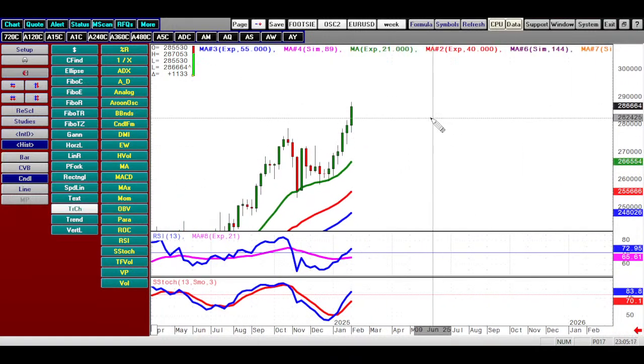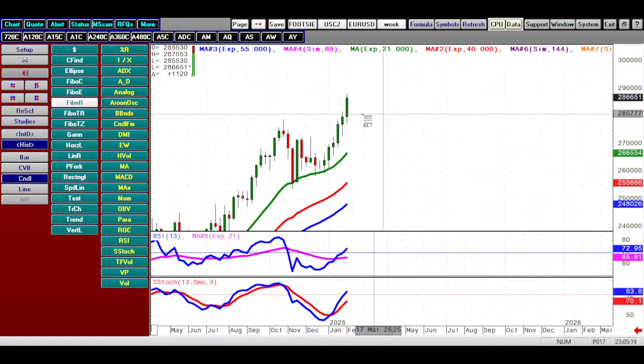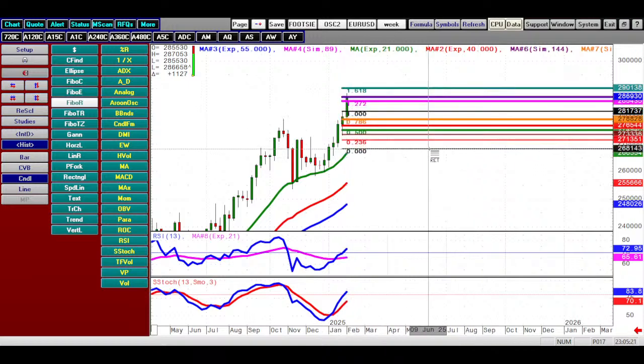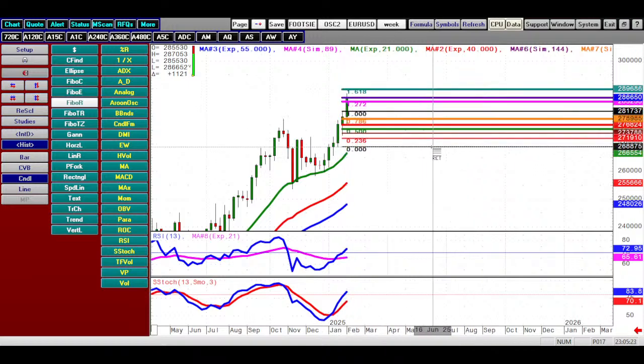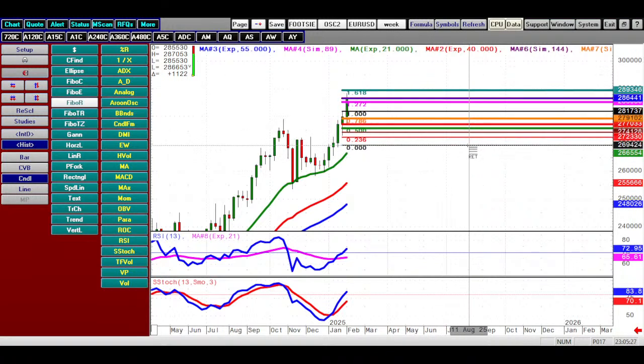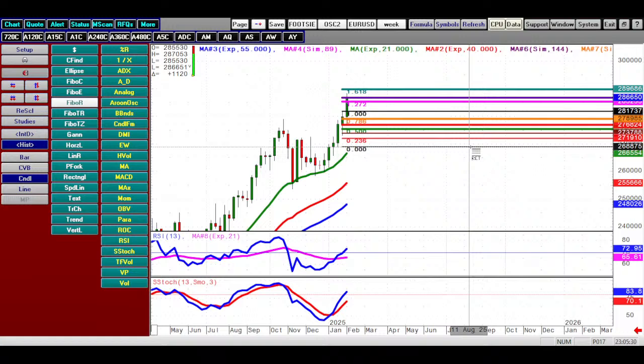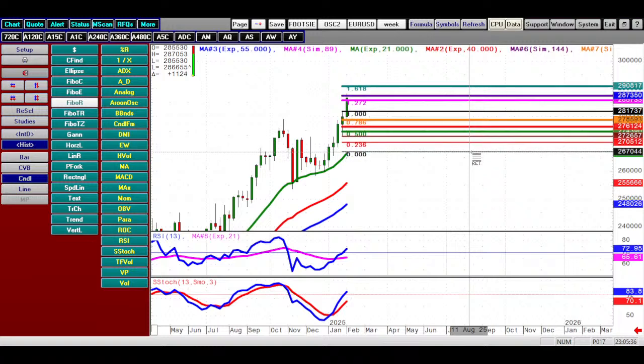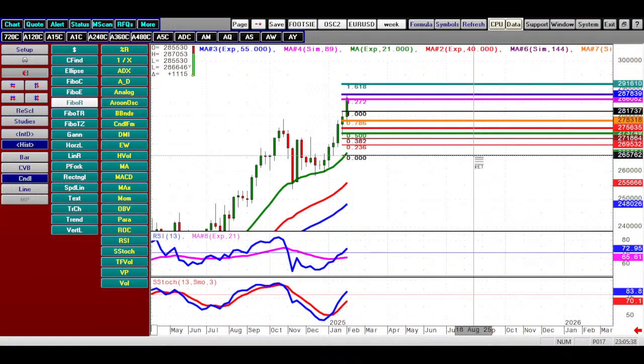Since we are in the last trading day of the week, we'll try to see the weekly target. The target should be 2896 or 2915.